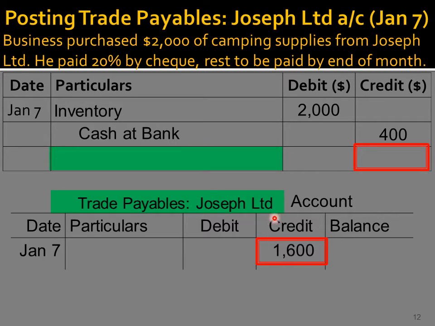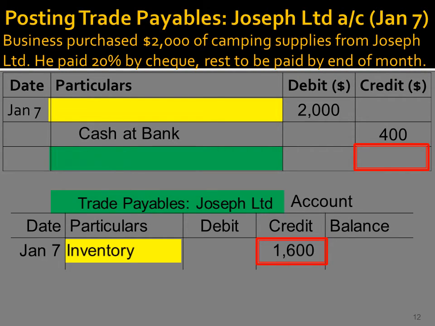So why did we credit trade payables $1,600? The reason will be placed in the particulars column. As you can see, the reason why we have credited trade payables account is because the business has bought goods on credit. In fact, 80% of the goods were bought on credit.